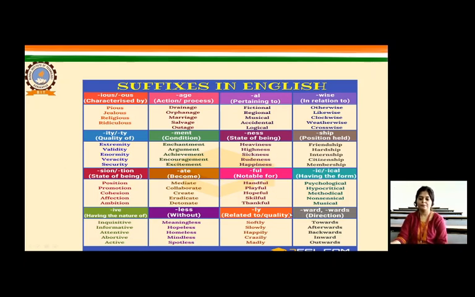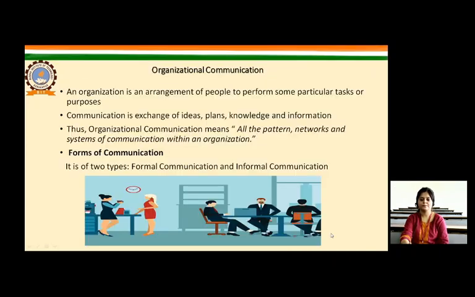Then we have ly, relating to quality, as in softly, happily, madly, and then we have words like ward or wards that show direction, as in towards, afterwards, backwards, forwards, and inward and outward, etc.